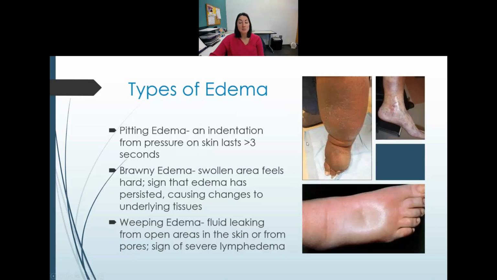Weeping edema is a wet edema, so there's fluid leaking out of the skin, and it is also from long-term edema. There's been some tissue changes, and the pores are allowing liquid to leak out. It's a sign of severe lymphedema, and it's also bad because it could allow infection to get in.